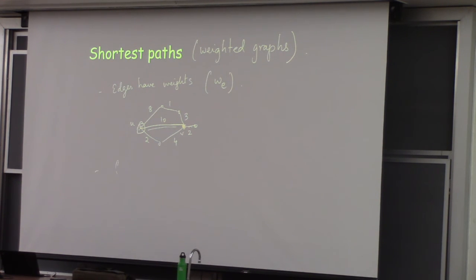You want to find the path with the smallest total weight, so the sum of the weights of the edges should be as small as possible. Maybe we'll see next time how you can do this fairly quickly. It'll be a slight modification of breadth first search, but you can still do it relatively quickly.